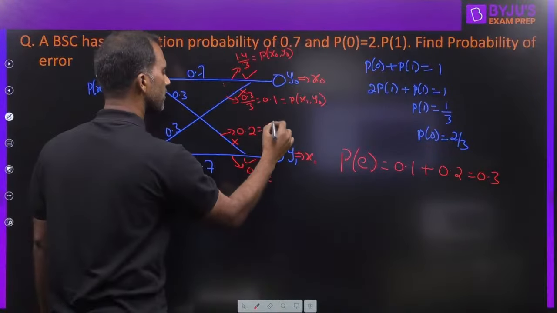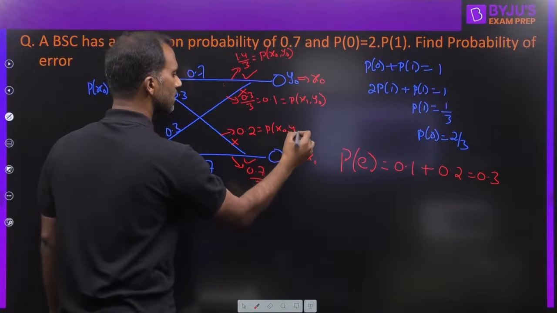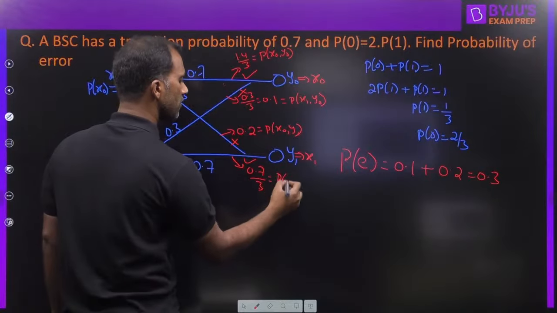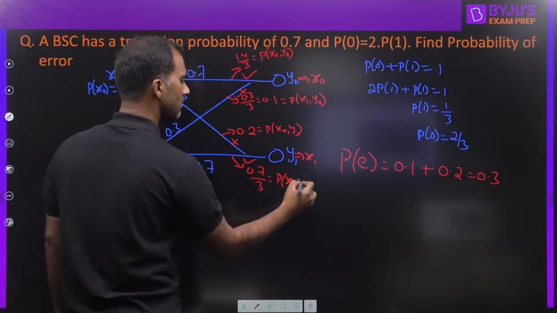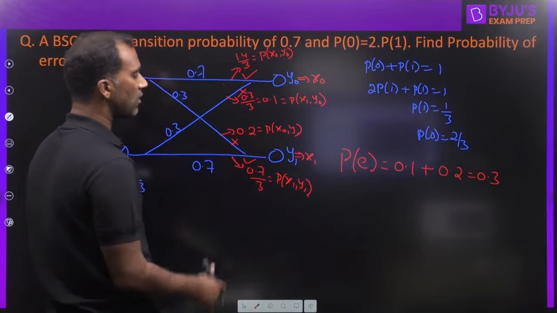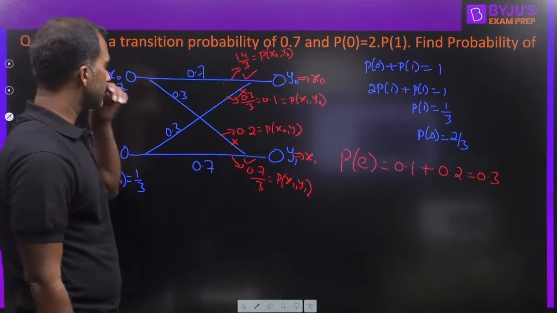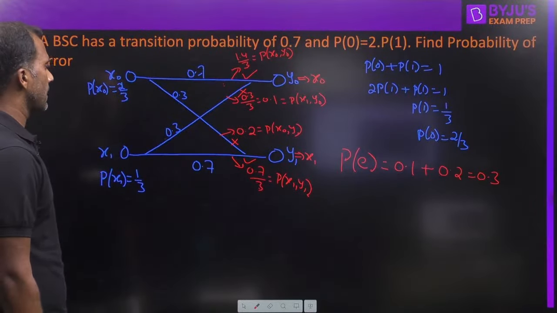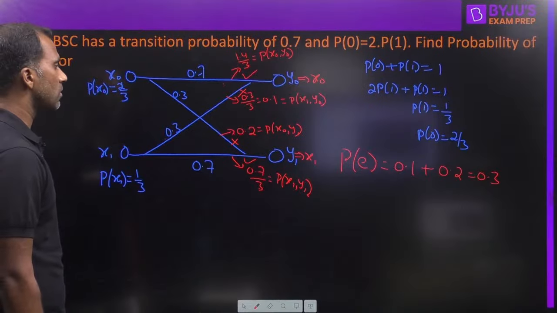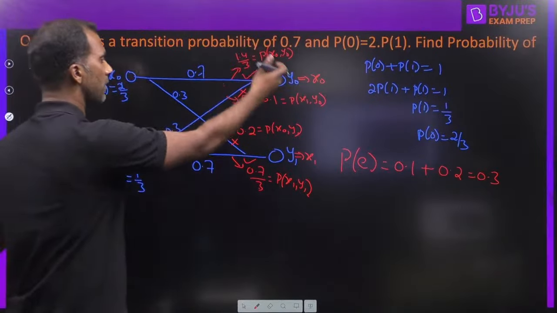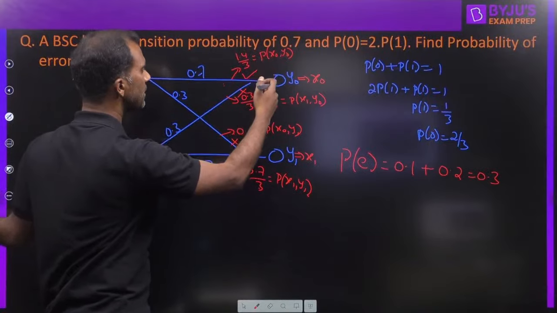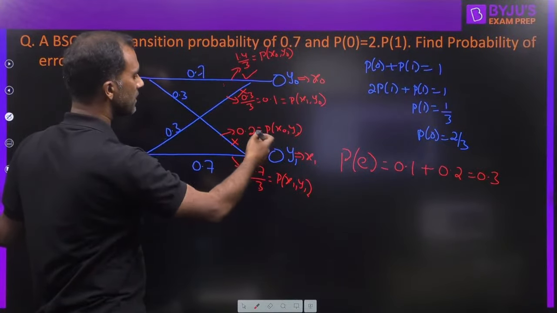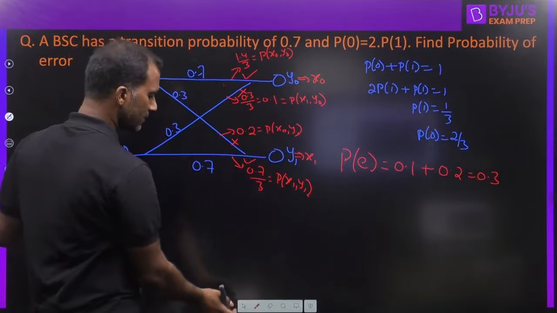And this is P of x0 comma y1, and this is P of x1 comma y1. So we have all the probabilities. Though it is a binary symmetric channel, we have to do all of them separately. The probabilities are 1.4 by 3, 0.1, 0.2, and 0.7 divided by 3.